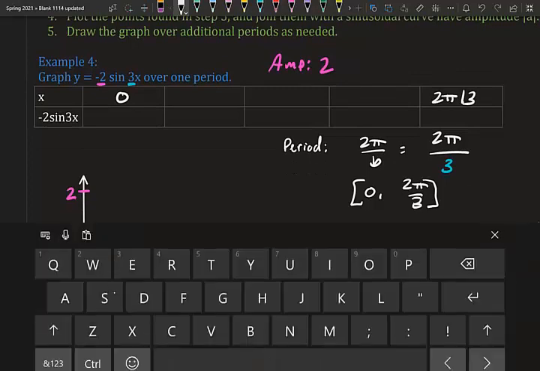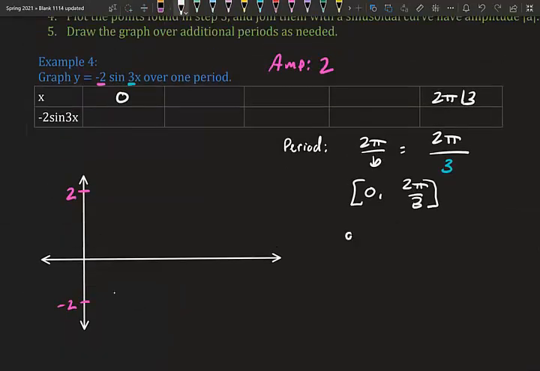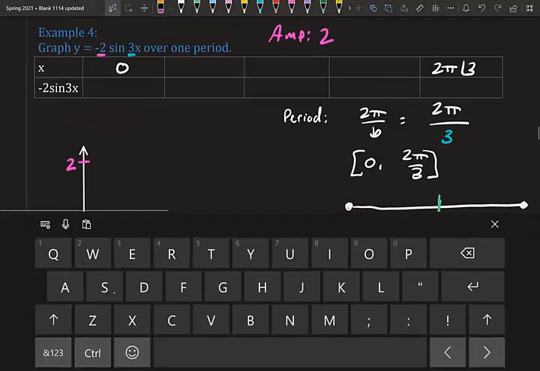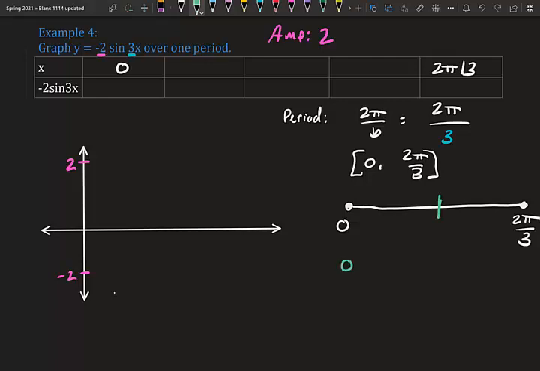So I like to draw the little number line. Just makes my life easier because I'm a visual learner. So we have 0, 2 pi over 3. We have to find the first halfway mark. So halfway, that's 0 plus 2 pi over 3 divided by 2.